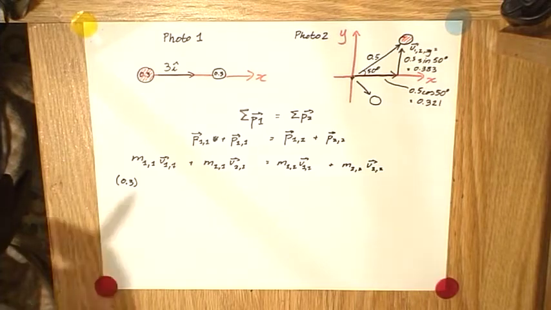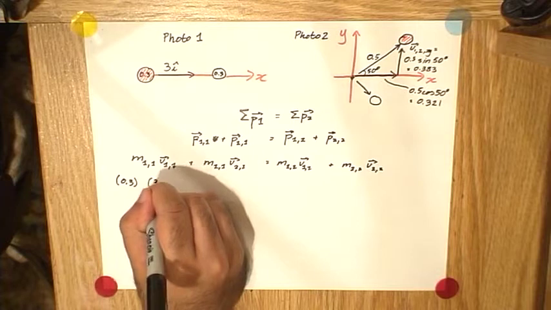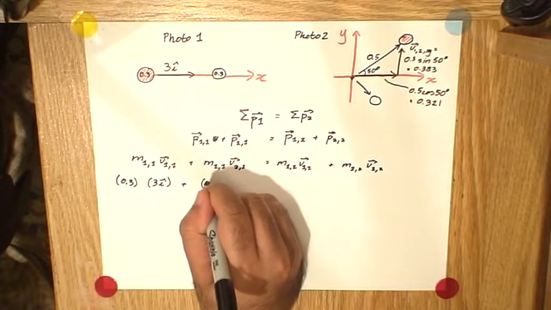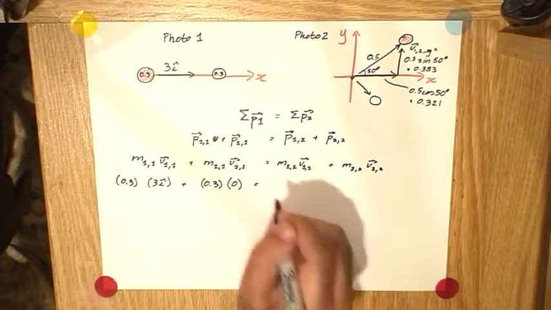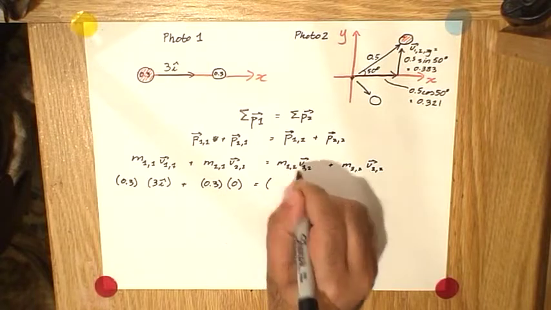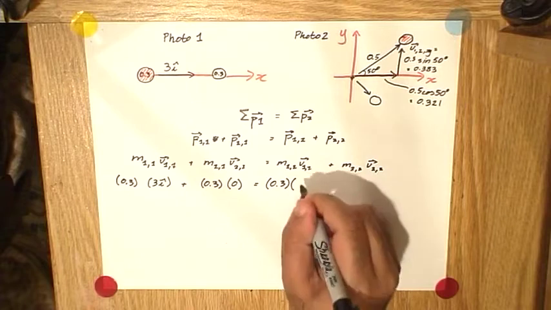So its initial velocity is 3 i hat, plus mass of ball 2 in photo 1, 0.3, times its initial velocity, which was 0, is all equal to mass of ball 1 in photo 2, 0.3, times velocity of ball 1 in photo 2.